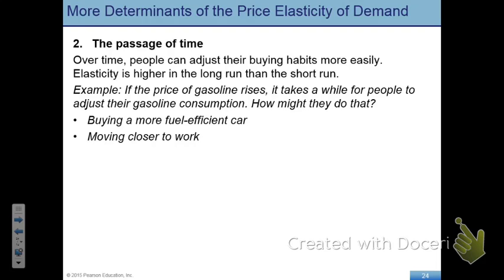But what will happen, and what already has been happening, is that over time the price of these electric cars is going down. That always happens with technology. So over time we respond to these changes in market conditions quite differently.